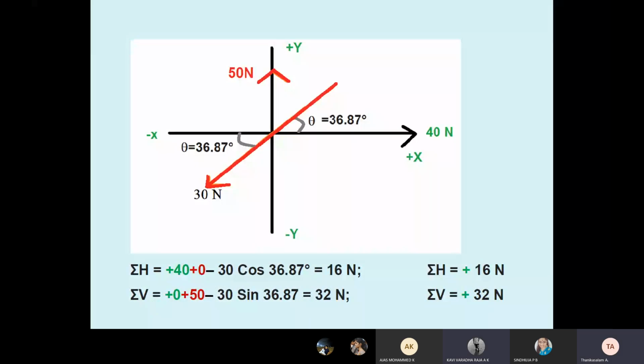What do you understand? Can you explain? Sir, which part should I explain? Only the diagram, or which? This diagram plus the two equations.